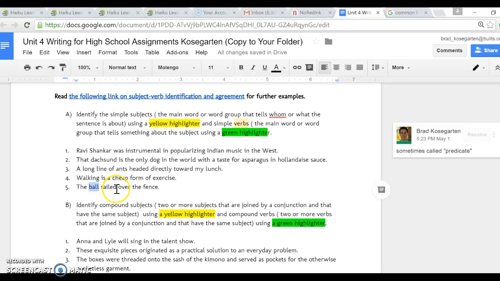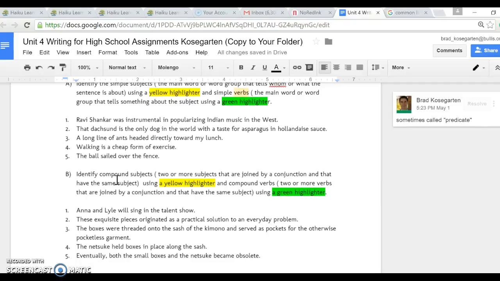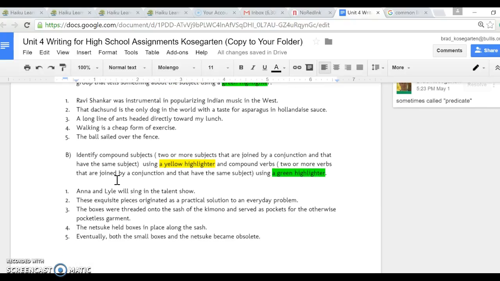Ball, subject, sailed is the verb. And then over is a preposition, over the fence, so that is extraneous. So this one has no direct object or indirect object.